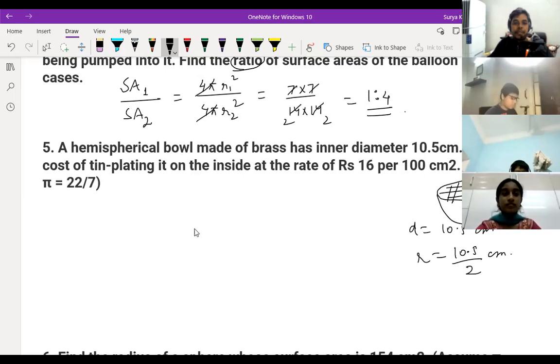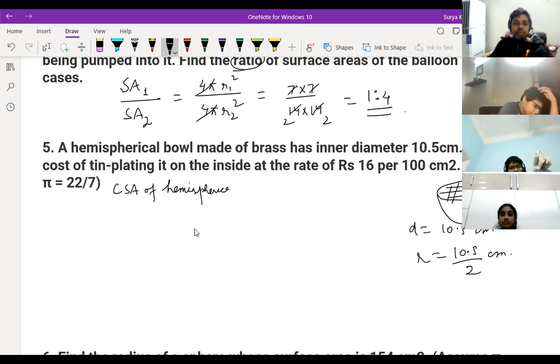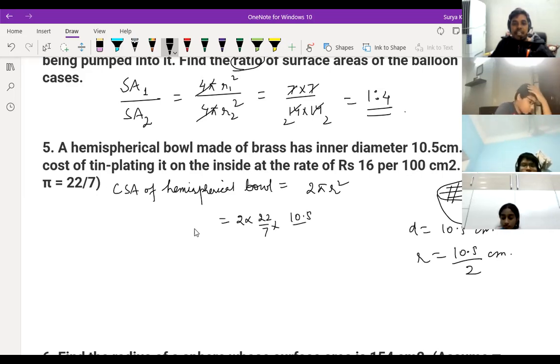So CSA of hemispherical bowl is 2 pi r square. So 2 into 22 by 7 into 10.5 divided by 2 into 10.5 divided by 2.